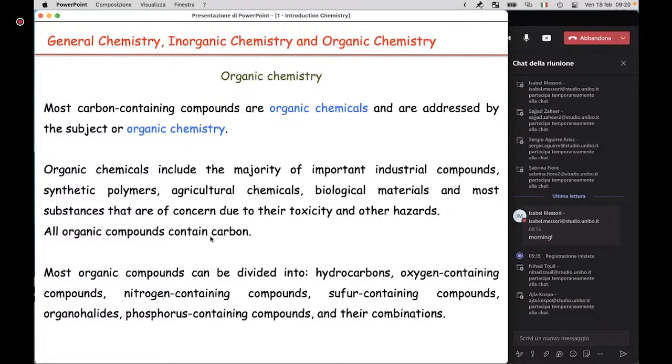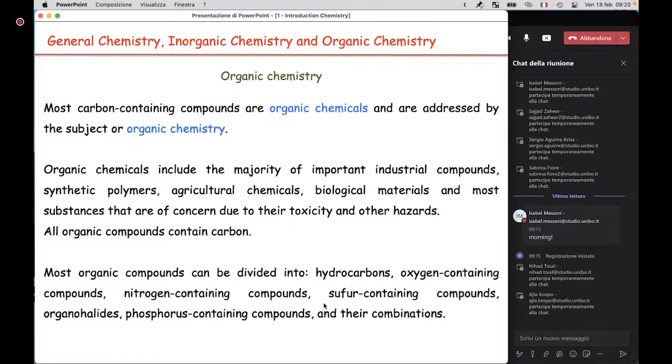So if they contain just carbon and hydrogen, we talk about hydrocarbons. And if they also contain oxygen, of course, we talk about oxygen-containing organic compounds, nitrogen, sulfur. Organohalides means the molecule contains one or more halogens, chlorine, bromine, and so on.